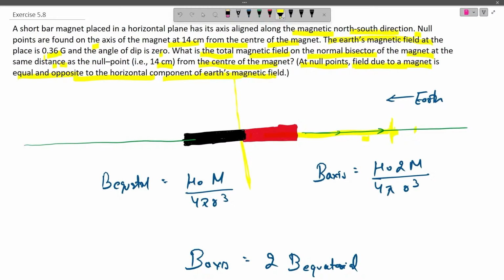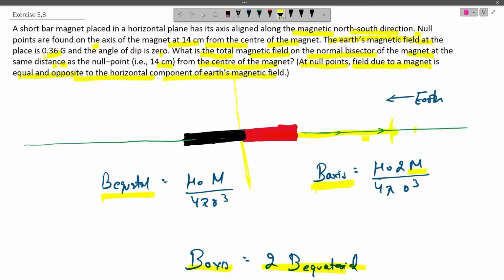So in that way we have been hinted the magnitude of the magnetic field at the axis of the bar magnet at 14 cm. Also we know that B at axis, the magnitude of the magnetic field at the axial position, is given by mu naught 2m by 4 pi r cube, where m is the magnitude of magnetic moment, and at the equatorial position it is given by mu naught m by 4 pi r cube. So B at axis is equal to 2 times B at the equatorial position, where r is the same.